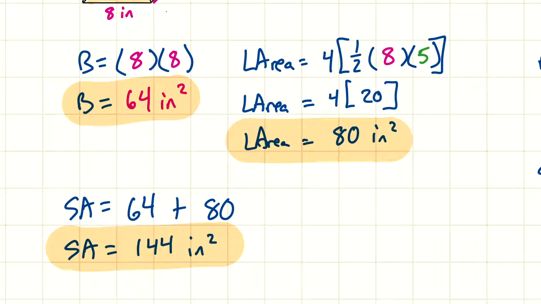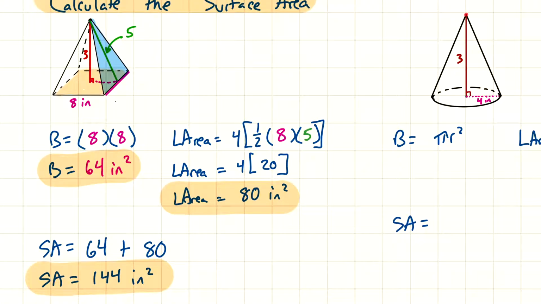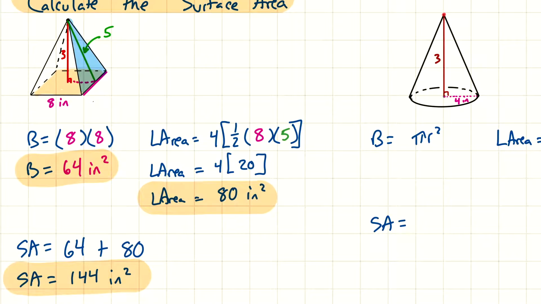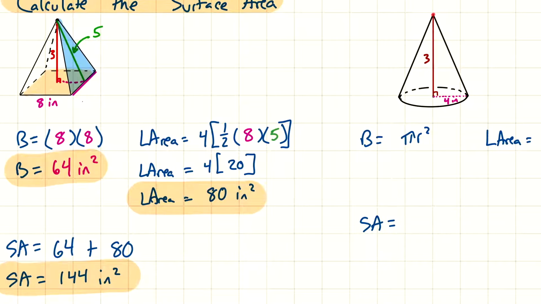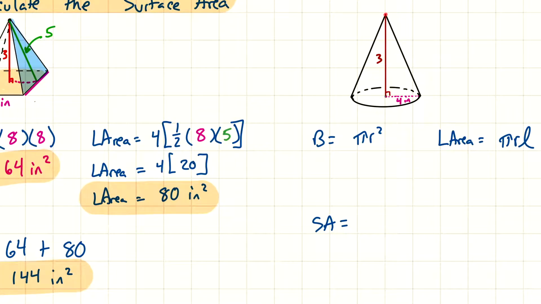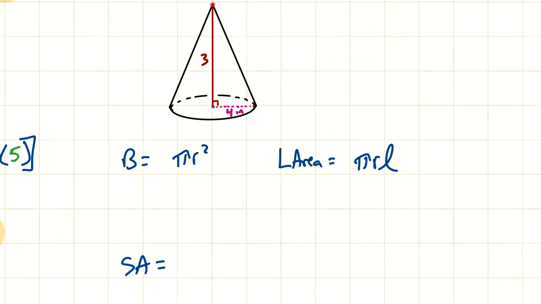All right, so that's the general idea. Hopefully that makes sense with the pyramid. So with the cone, same idea, except the only thing that's changing is our formulas for base area and lateral area. So let me zoom into this shape.